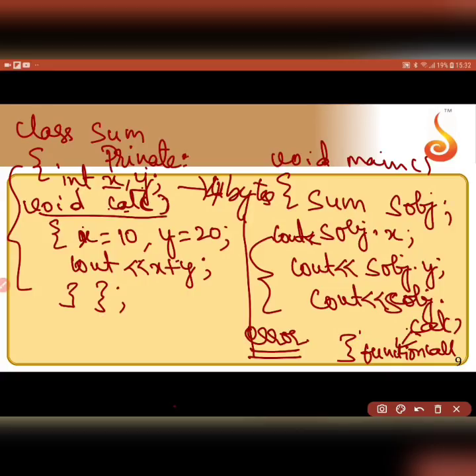Only the function, see, cal is a function of this sum class, so it can access the x and y variables. Otherwise, you cannot access it outside the class. Any doubts in this? No? Please go through this.